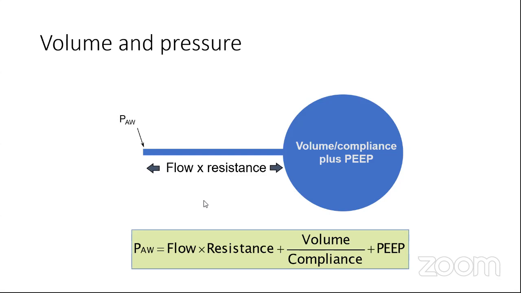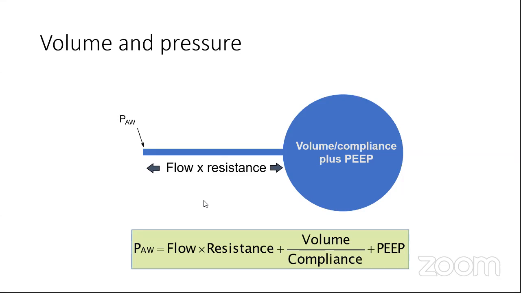A third pressure that has to do with the buildup to the peak airway pressure is the PEEP, positive end expiratory pressure. This is the minimal pressure that we keep during expiration to avoid the alveoli collapsing. We do not want the alveoli to collapse altogether during expiration and then open again during inspiration. So we keep some volume and some pressure inside the alveoli even at the end of expiration.